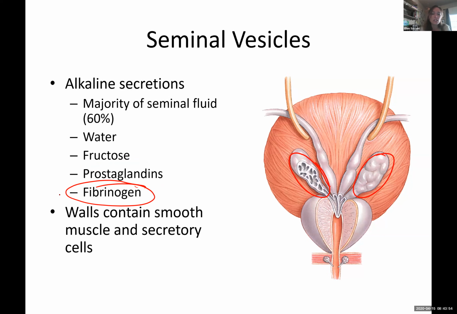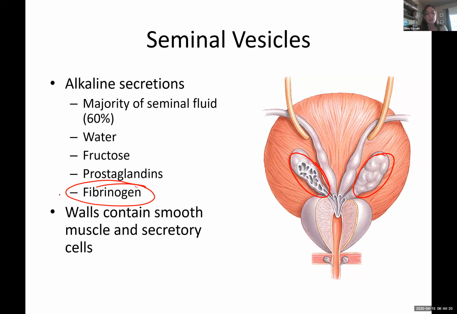And then fibrinogen. Well, we learned about fibrinogen when we did blood clotting. Prothrombin turns into thrombin, then thrombin turns fibrinogen into fibrin, which is going to be the fibers that make a blood clot. So you're like, what is this doing in seminal vesicles? The fibrinogen helps it to stick. It causes it to blob and glob up.